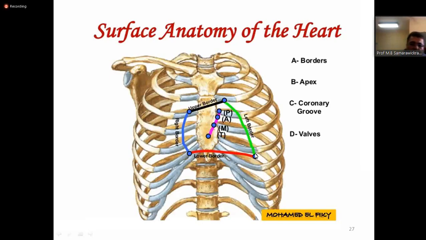So you have to remember, because the apex is just medial to the midclavicular line, and this can deviate. It can deviate to the left side or laterally. That is suggestive of an enlarged heart.